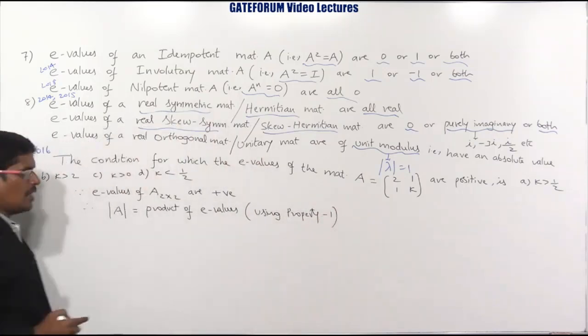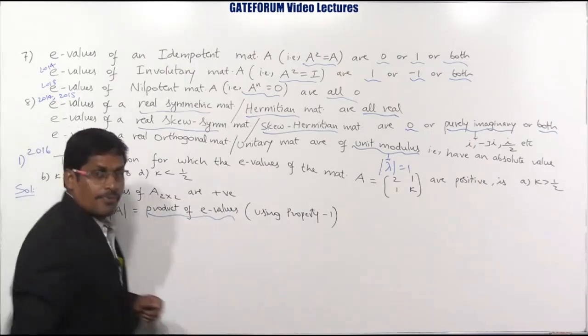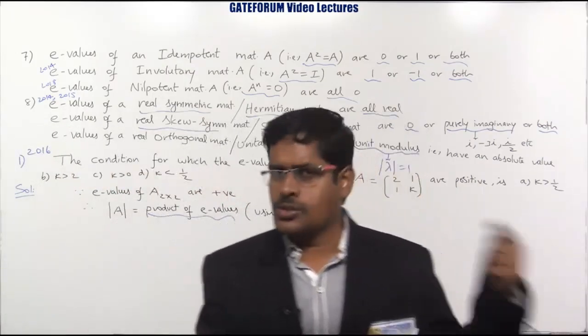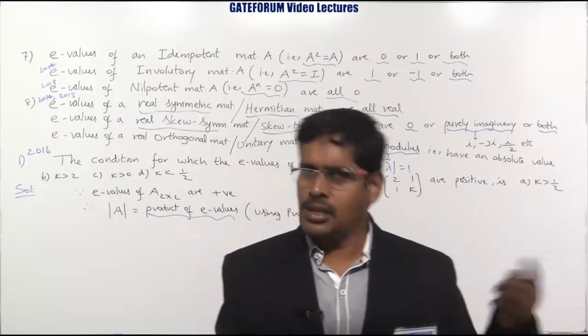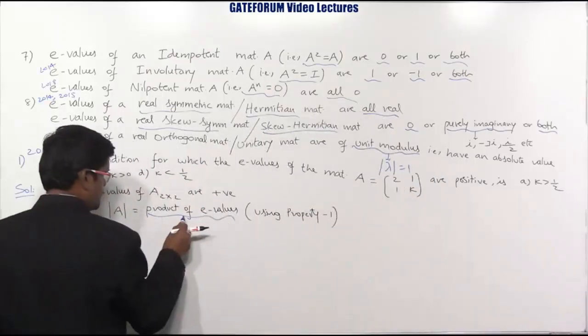1. Refer to that. When the given numbers are positive, their product is also positive. Given numbers means here eigenvalues. Here the 2 eigenvalues are positive, so their product is also positive.